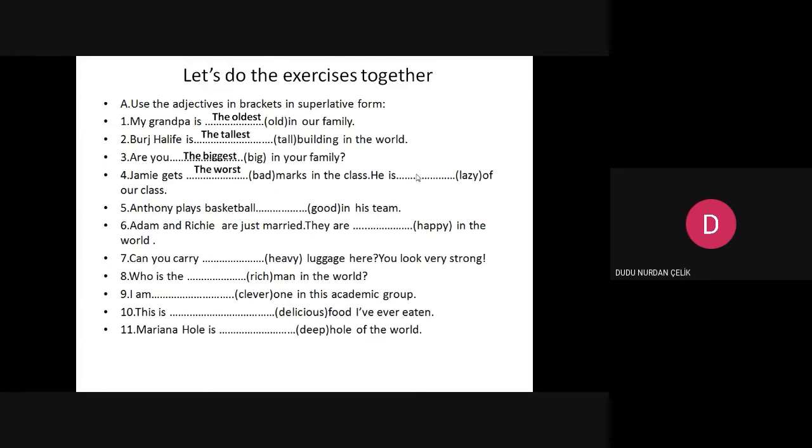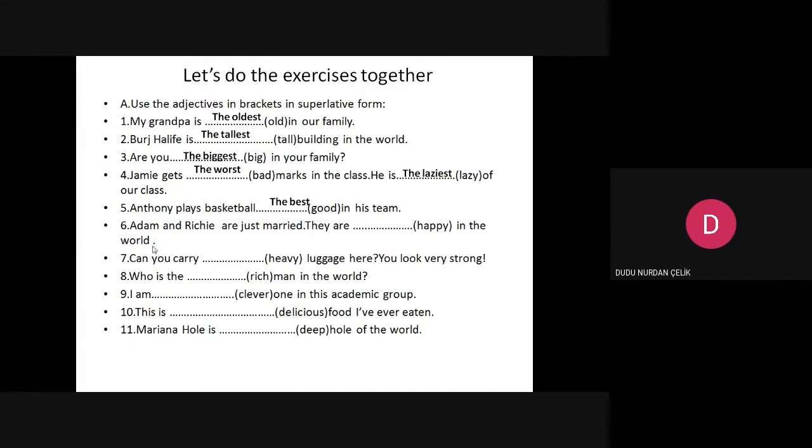And he is the laziest of our class. Very good. Five. Anthony plays basketball. Good in his team. In his team, a group. And we choose Anthony. So we say, very good, the best. Good is irregular.